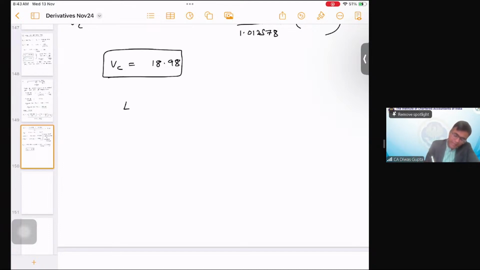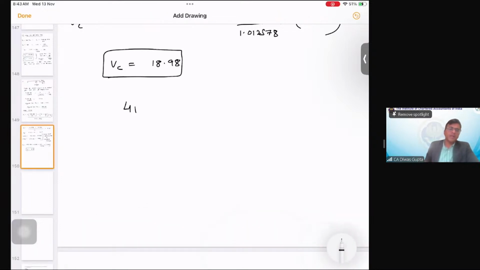The different prices at which we calculated numbers are 415, 380 and 398.083. For 415, the value of call option came out to be 29.60, then 10.52, and lastly 18.98.